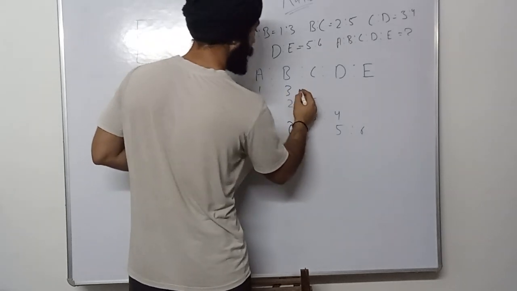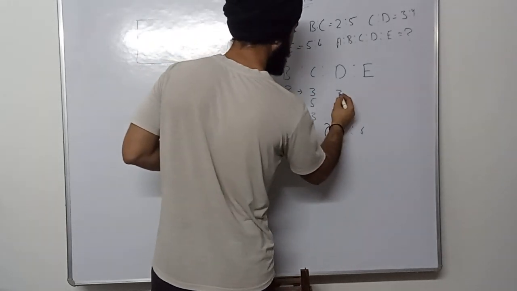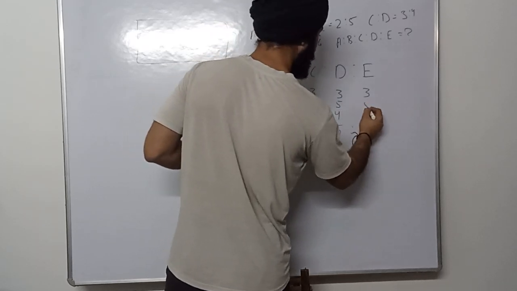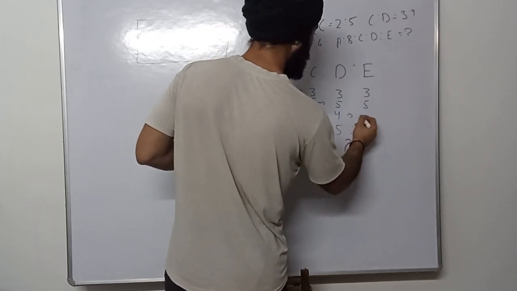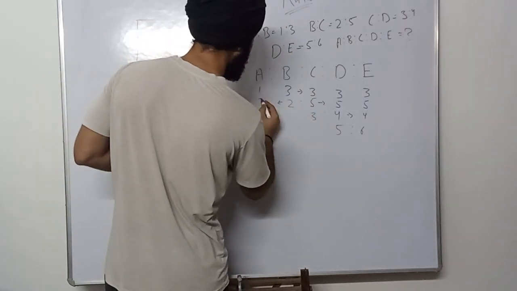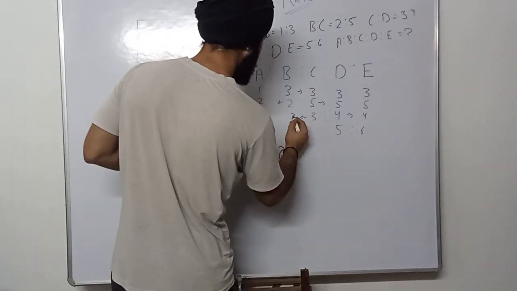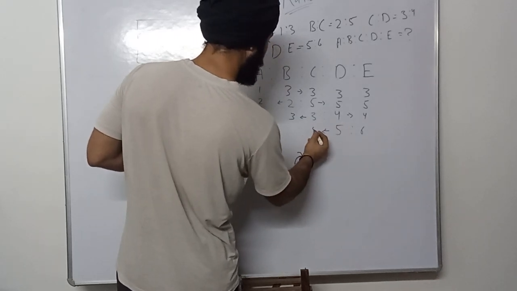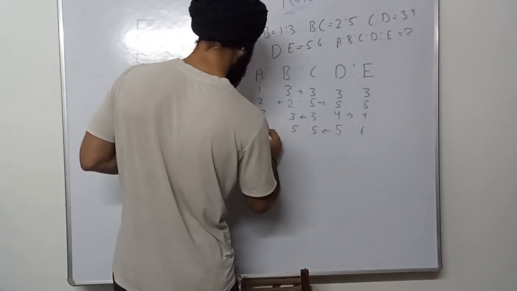Here 3 is there, so write 3, 3, 3. 5 is here, write 5, 5, 5. 4 is here, write 4. And the same on this side: write 2, write 3, 3. Here 5 is the last, so 5, 5 and 5.